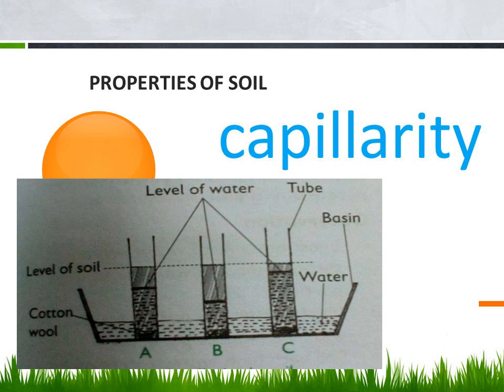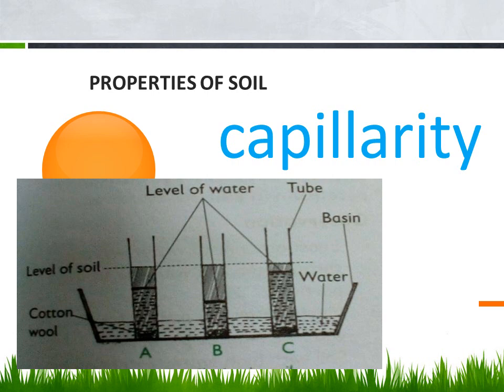When you were in class 5, we talked about capillarity, whereby we said, what is capillarity? Capillarity is the ability of water to rise in soil. I repeat, capillarity is the rising up of water in the soil.